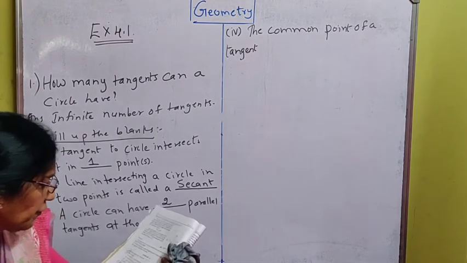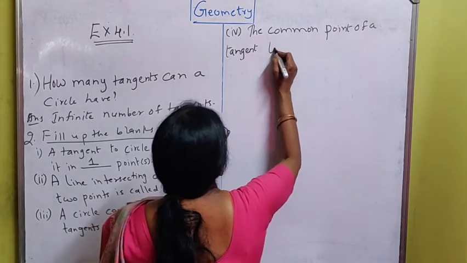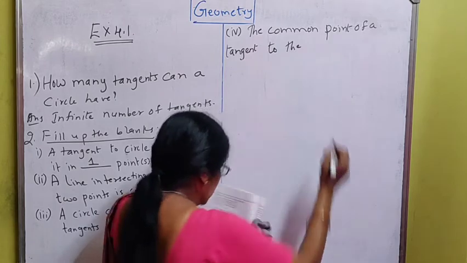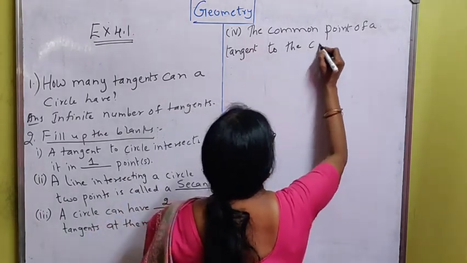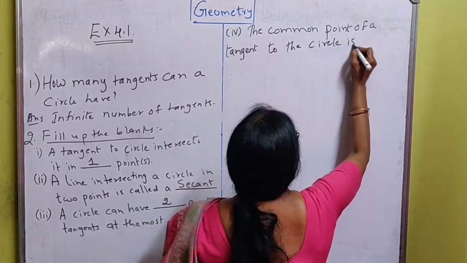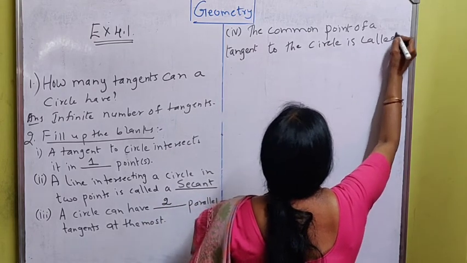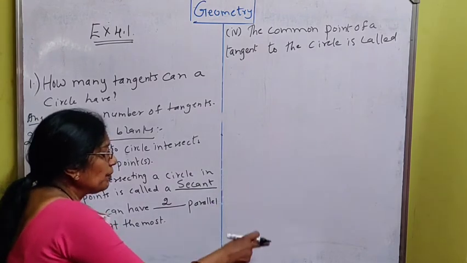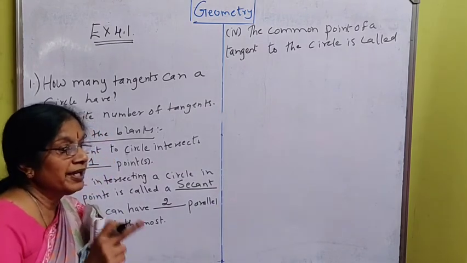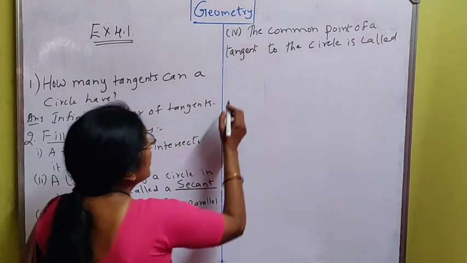So the common point of a tangent to the circle is called what? Just now, only a few minutes back, I explained it to you. So what is that point called as?